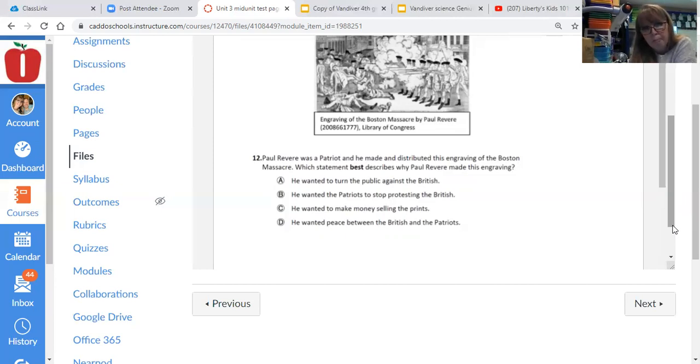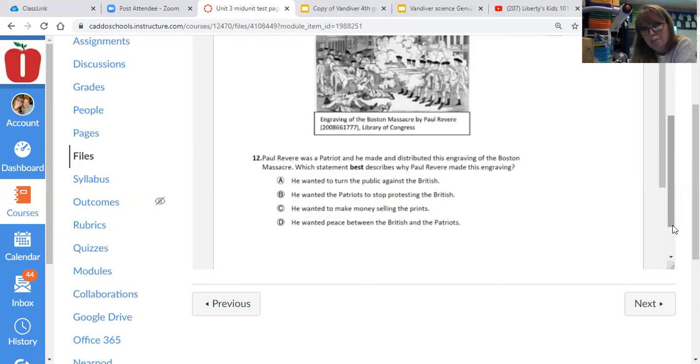Now, we've talked a little bit about this image. It looks like a lot of smoke, a lot of gunfire, and it actually looks like a massacre. I wasn't in class when this was discussed, but I did record a video and I pointed out, and I made all my students write, the fact that only 5 people died in the Boston Massacre.